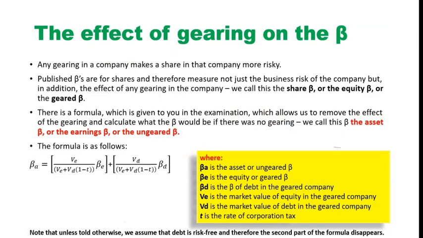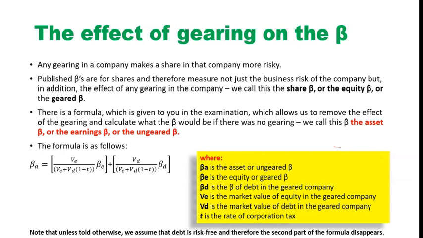Any gearing in a company makes a share in that company more risky. Published betas are for the shares and therefore measure not just the business risk of the company, but in addition, the effect of any gearing in the company. We call this the share beta, or the equity beta, or the geared beta.